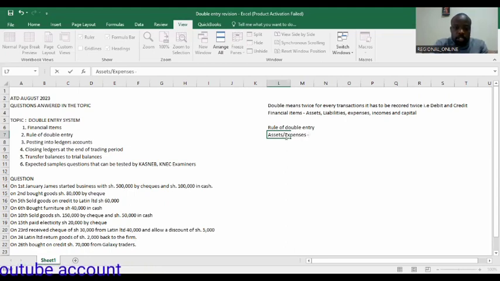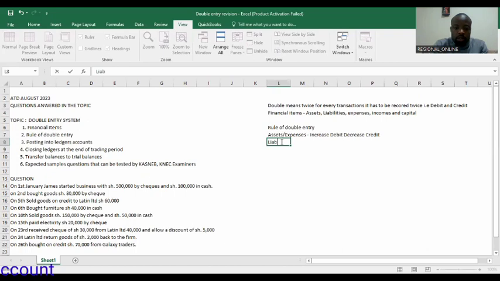When they increase, meaning they are coming into the business, you debit. When they decrease, you credit, as simple as that.